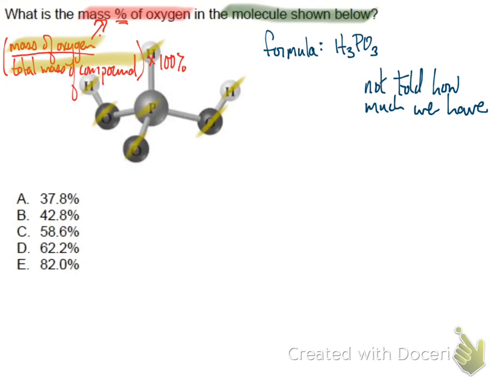Which means we get to assume how much we have. And I like to make my life as easy as possible. Chemistry is done in moles, so if it were me, I would assume that we have 1 mole of compound.